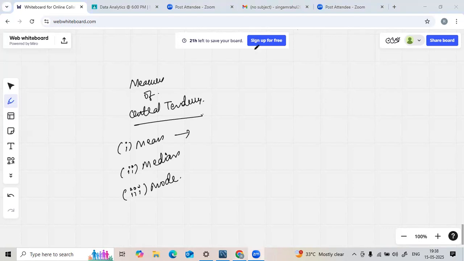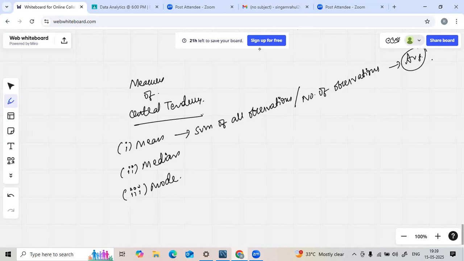So what is mean? Average. Mean itself is nothing but the sum of all observations by the number of observations. And this in itself, we consider as average.